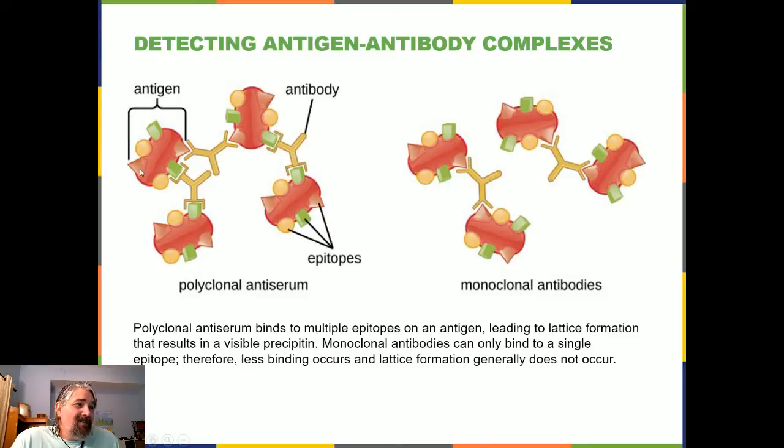So you're having a more dramatic agglutination reaction than is possible with monoclonal antibodies alone, which can basically only bring two antigen complexes together with a single antibody. You can't have this multiple lattice. So less binding occurs, and lattice formation generally does not occur with monoclonal antibodies.